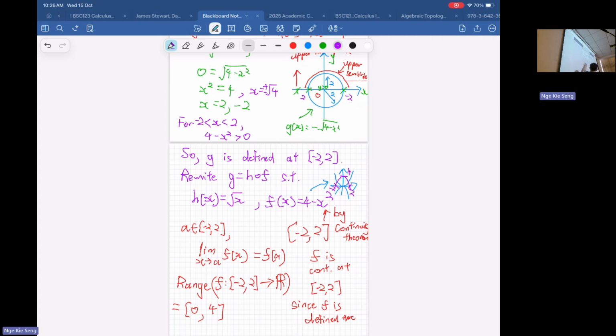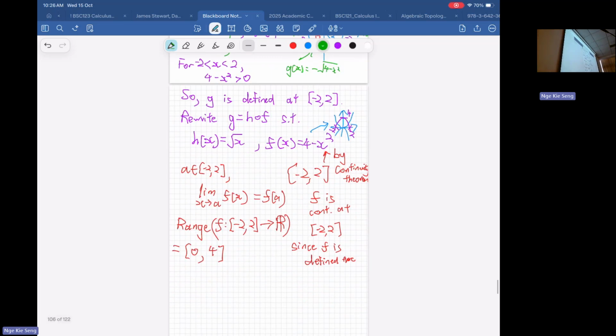So the next question you should ask is, is h continuous at this point or not? Yes, because your square root of x is defined at all the positive real numbers. So this is just part of it.